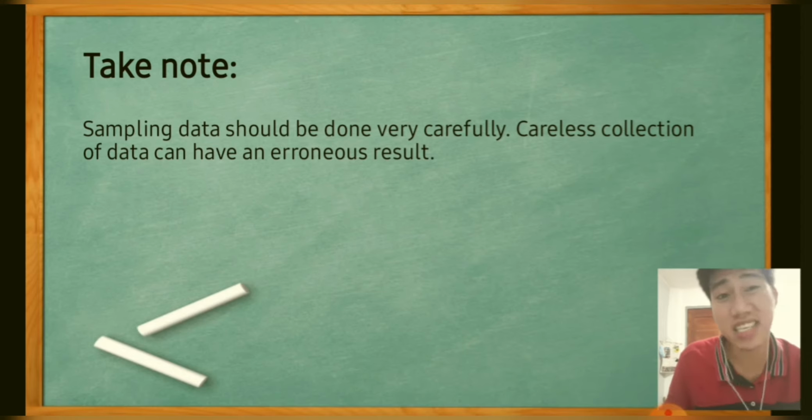As a statistician or a researcher, if we do some surveys or researches, we need to be careful enough in sampling. If a different sample is taken, the result we get will have error. We should always remember that.